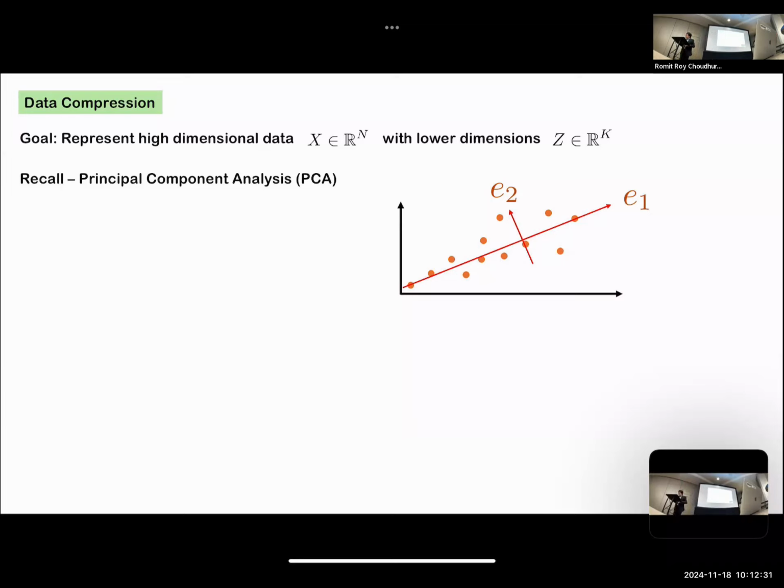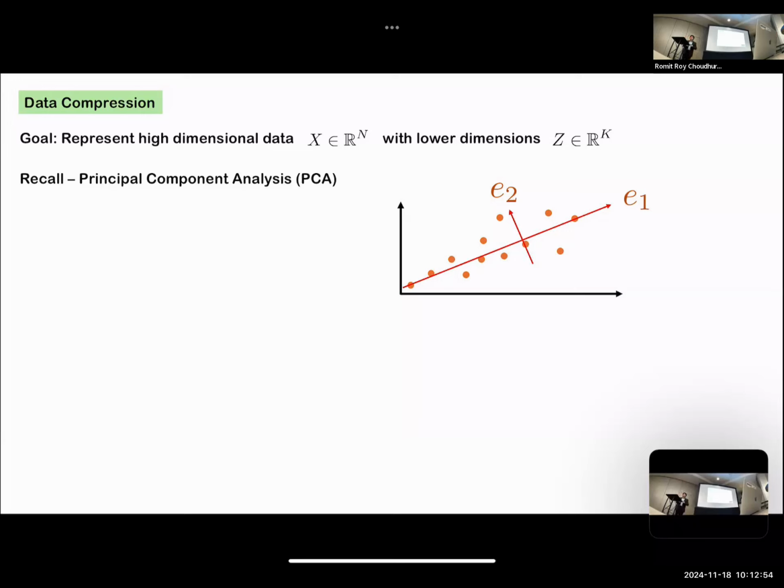Let's make sure people more or less know PCA, right? You have this 2D data. You want to store this 2D data in the minimum amount of memory, or in 1D. If you store all the data, and there are, let's say, 10 data points, each of them 2 dimensions, you need 20 units of memory.